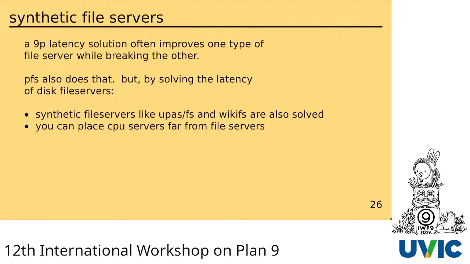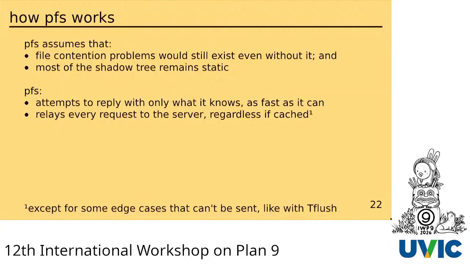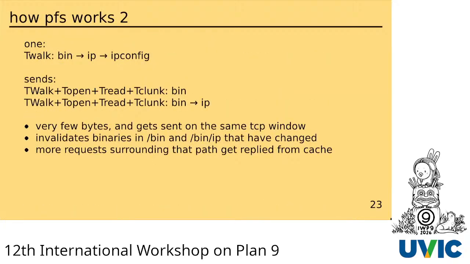Let me go back a few slides here. For example, let's take a look at this one here, bin ipconfig. One of the ideas that I had for PFS was that whenever we walk to an element, like say bin ipconfig, every single element in its path, like bin and ip, is going to be read. So the first directory, bin, is going to be read. The second directory, bin ip, is going to be read.